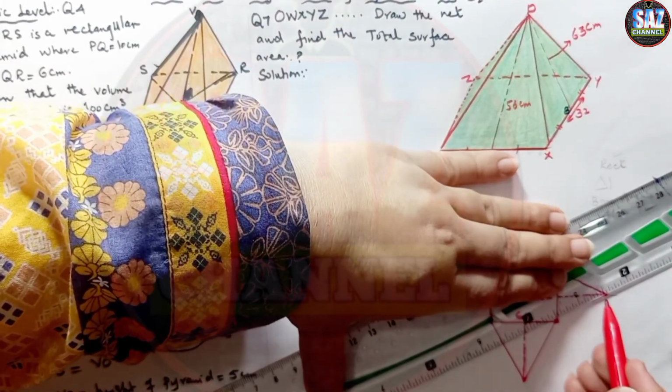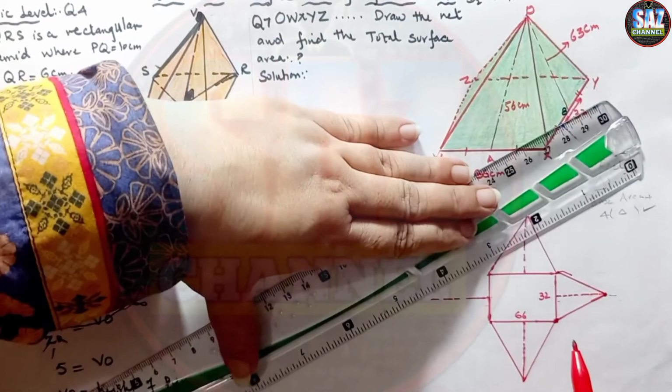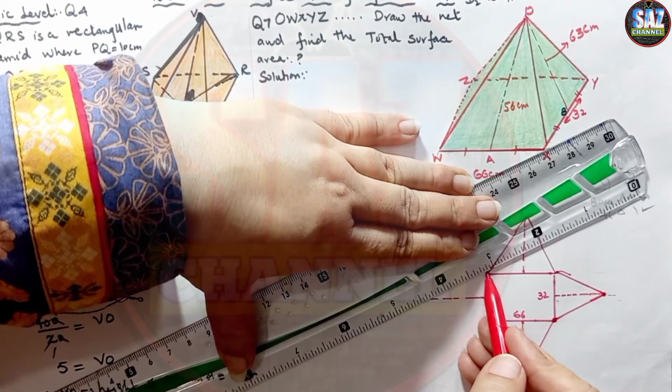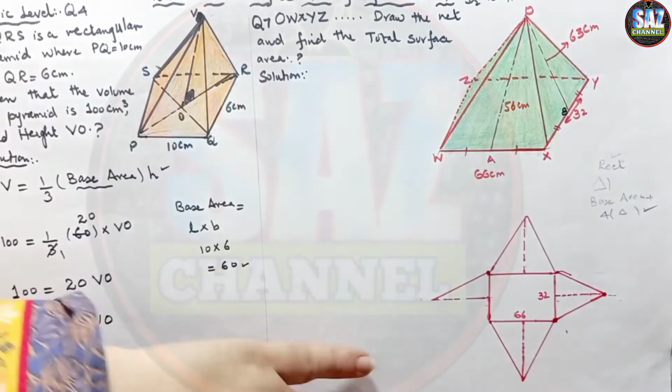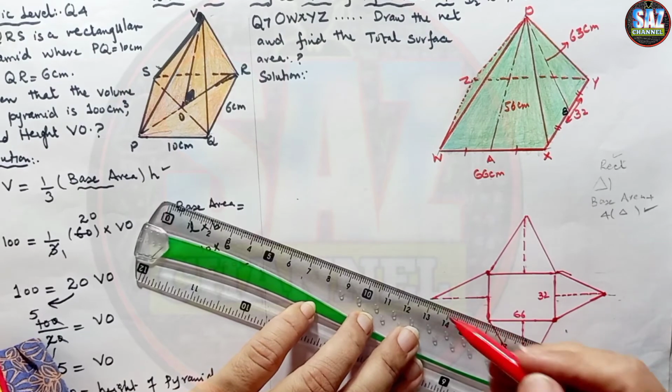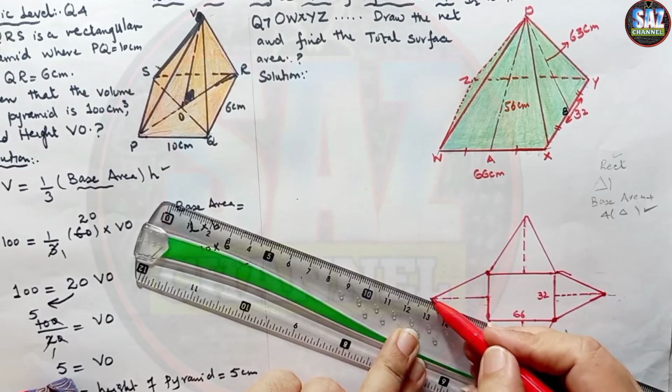Let me complete it over here. Let me draw the complete triangle at this place. And this one over here. Okay, I'm successful in drawing and the completion of the triangle.